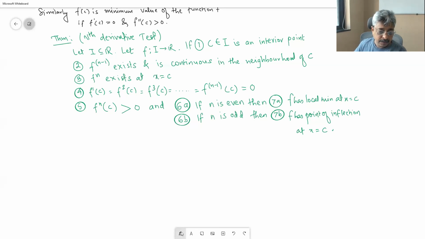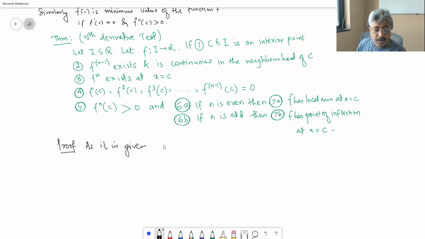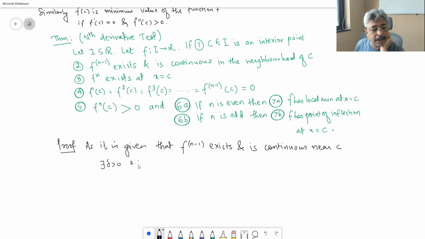As it is given, the n minus 1th derivative exists and is continuous near C, there exists delta greater than 0 such that for every x belonging to the deleted delta neighborhood of C, that is C minus delta to C plus delta excluding C, the n minus 1th derivative exists.